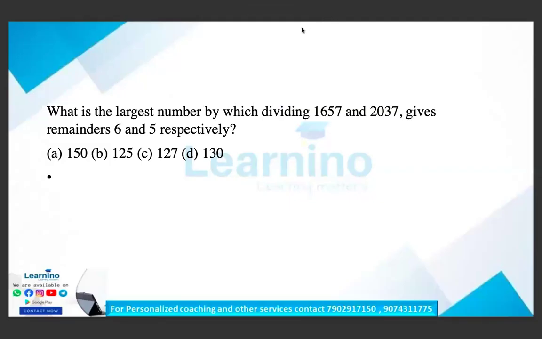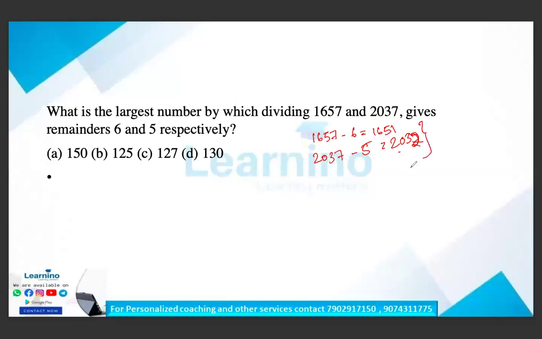Next question. What is the largest number by which dividing 1657 and 2037 leaves the remainder 6 and 5 respectively? So 1657 minus 6 equal to 1651. 2037 minus 5 is equal to 2032.